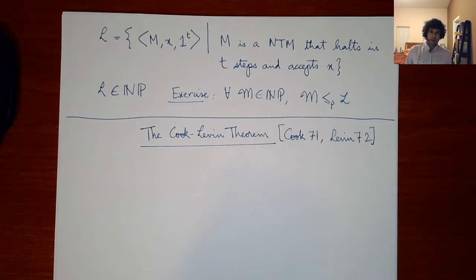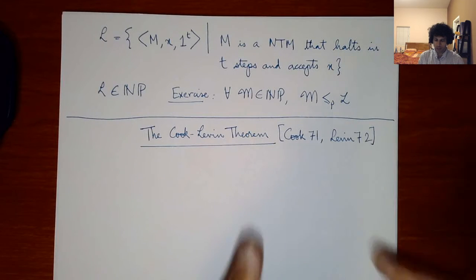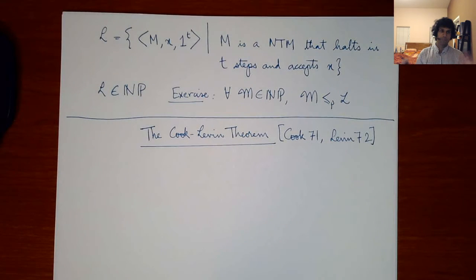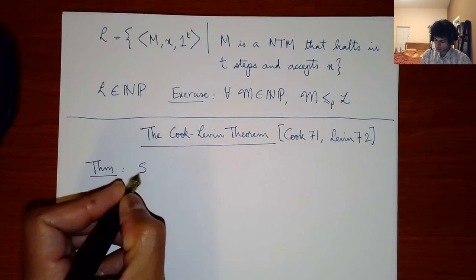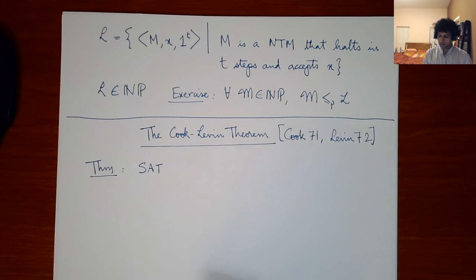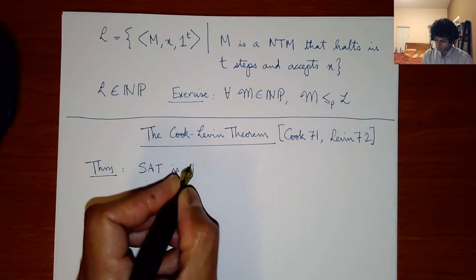Interestingly, on opposite sides again of the Iron Curtain. Cook was in the United States, Levin was in the Soviet Union, and they both essentially developed this at the same time, remarkably, within 1 year of each other. And then people on either side discovered that this was actually discovered. And the Cook-Levin theorem is that a particular language called SAT is NP-complete.